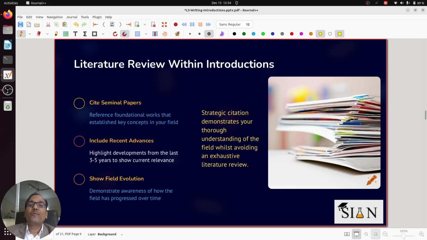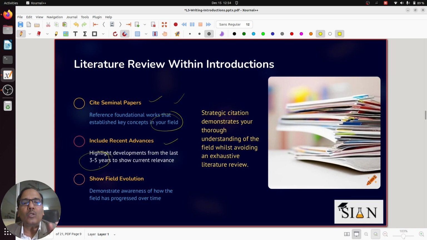Now, literature review within the introduction. The literature review is also one of the important parts of the introduction section. We will cite seminal papers, referencing foundational works that established key concepts in your field. Include recent advancements, highlighting developments from the last 3 to 5 years. Don't use papers published 20 years back.